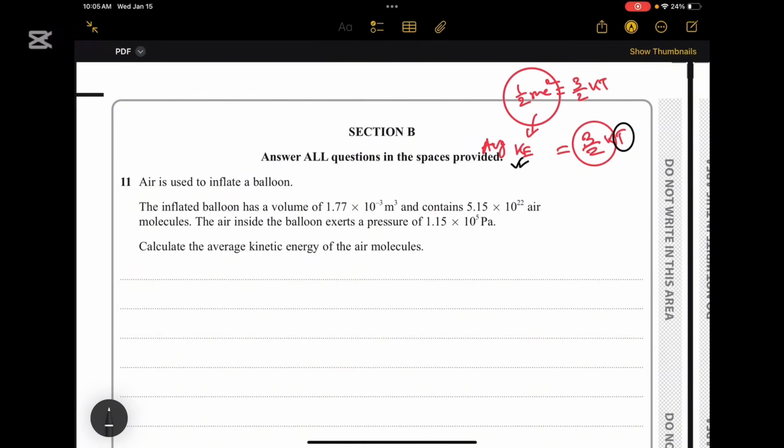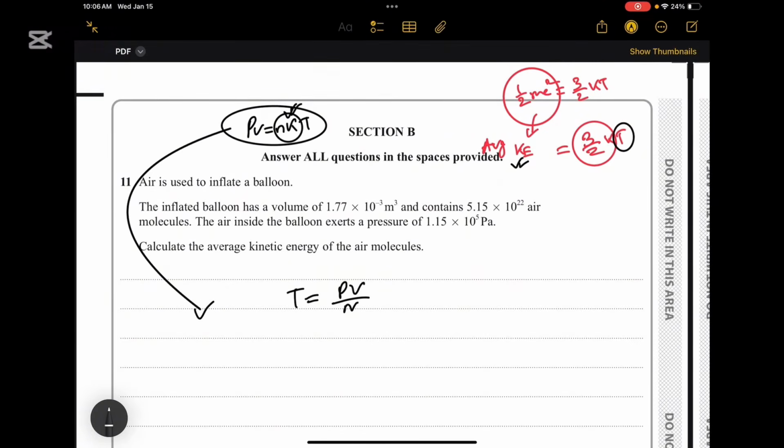Now in order to find the temperature, we have to use the formula PV equals nkT. This is the formula which we will have to use. In this, k is the constant which we don't need to worry about, but we can write this formula like this: temperature will be equal to PV by nk.